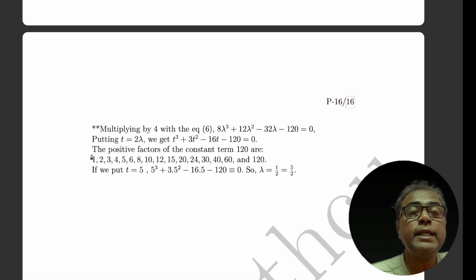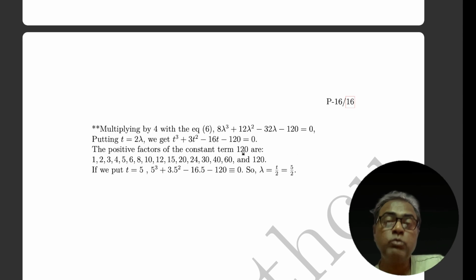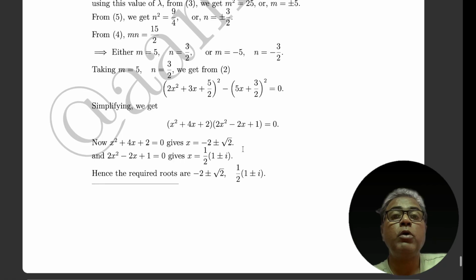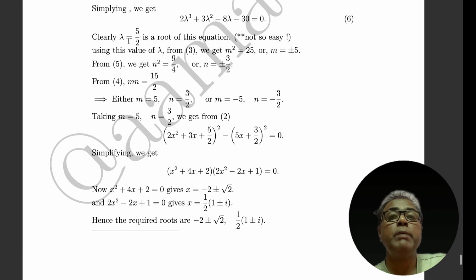After checking, first t equal to 5: if we put t equal to 5, then we get this term identically equal to 0. So t equal to 5 means lambda equal to 5 by 2. We use this technique here for choosing lambda equal to 5 by 2. It is not so easy to choose lambda equal to 5 by 2.